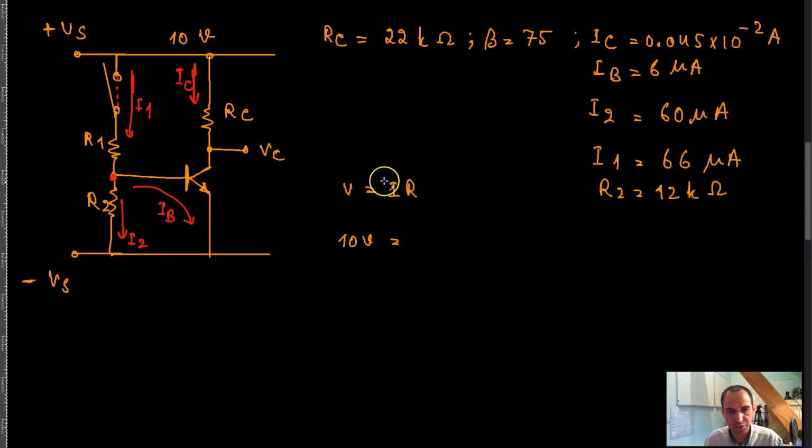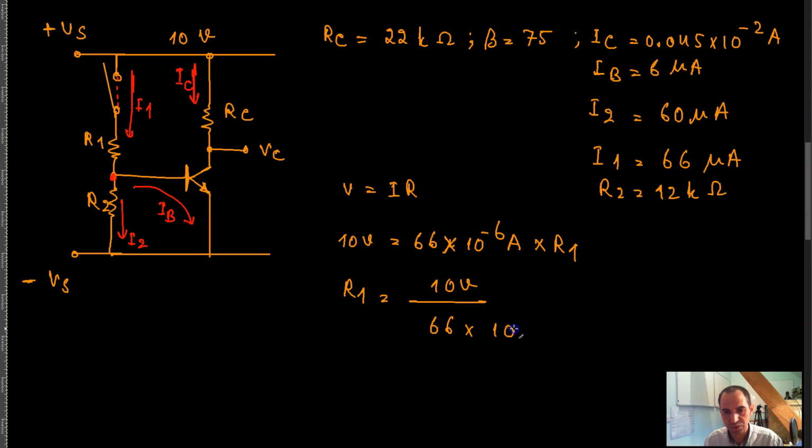So 10 volts is the same thing as the current through R1, I1, which is 66 into 10 raised to the power negative 6 amps, times R1, which means that R1 is the same thing as 10 volts divided by 66 into 10 raised to the power negative 6 amps. And 10 divided by 66 is the same thing as 5 over 33, and 5 over 33 is 0.15 and so on and so forth.